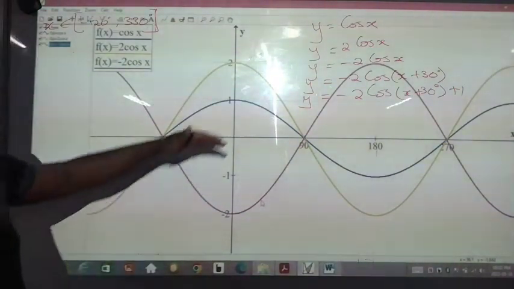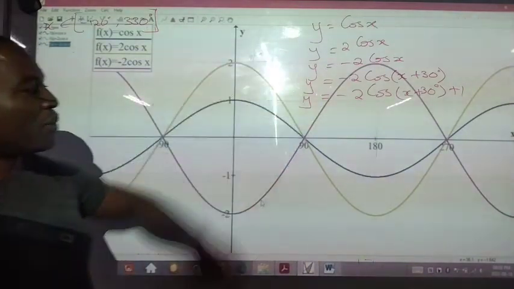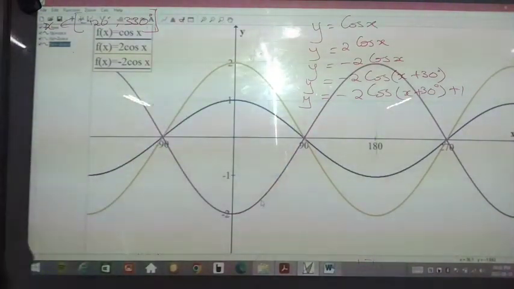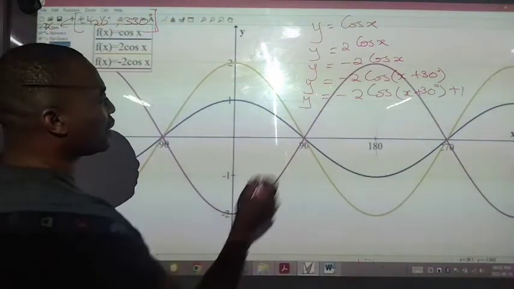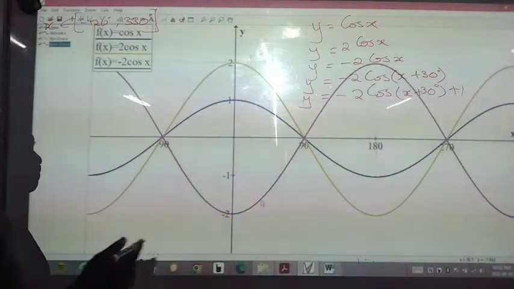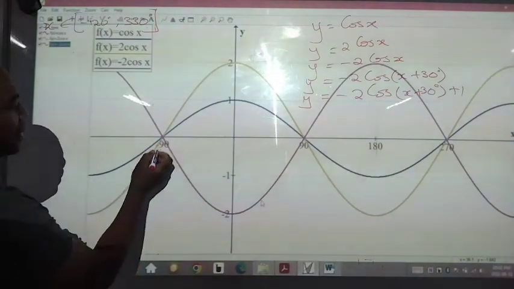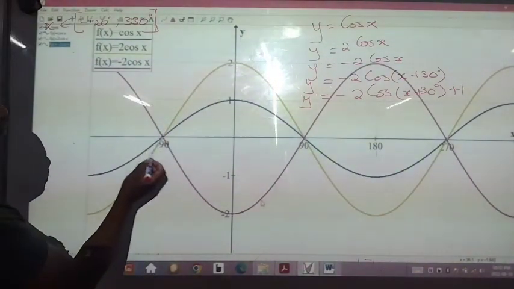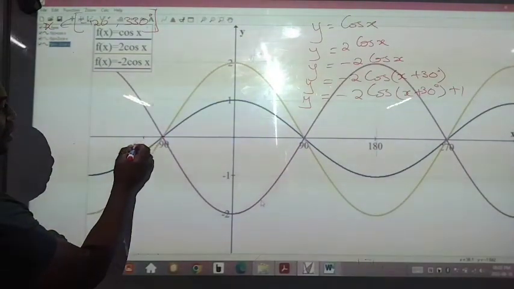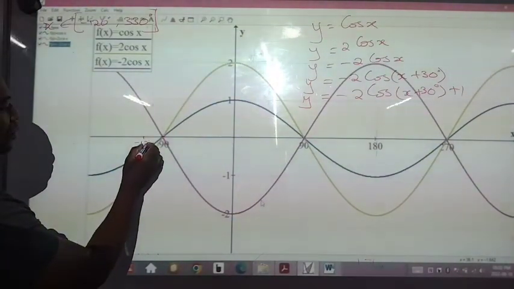Now, let's move to the horizontal shift, which is now the easy part. We are shifting this graph 30 degrees to the left. So the negative 90 will now come to negative 120.